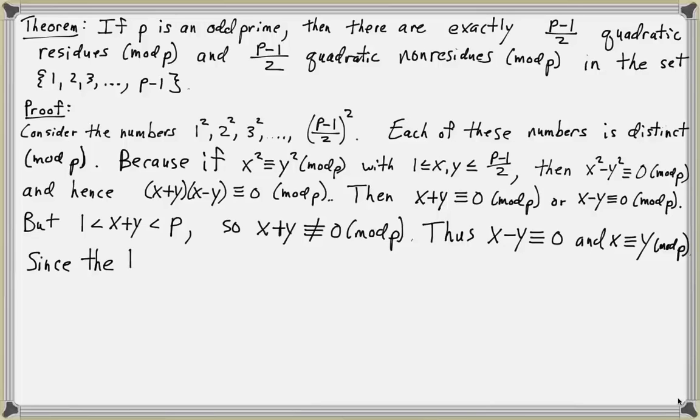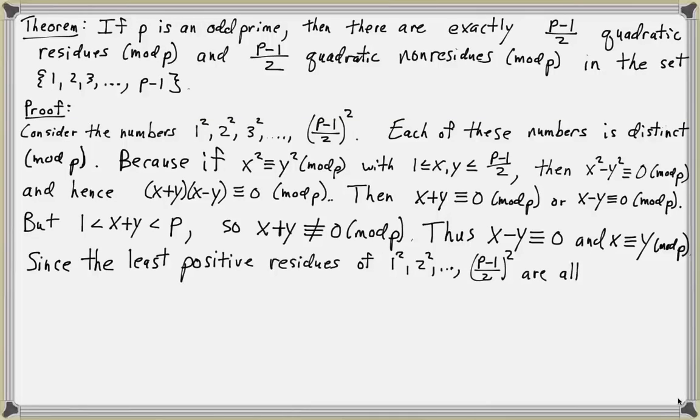Well, the least positive residues of 1 squared, 2 squared, up to ((p minus 1) over 2) squared are all distinct quadratic residues mod p.